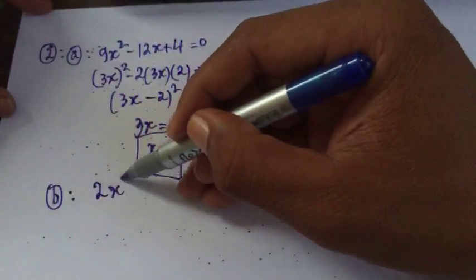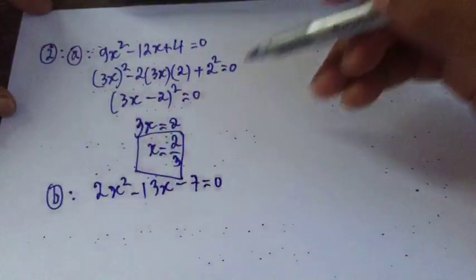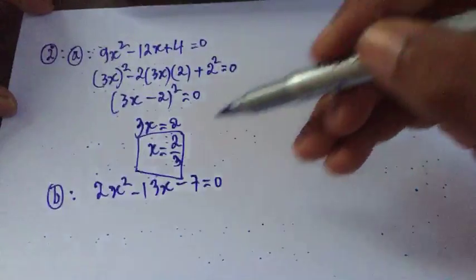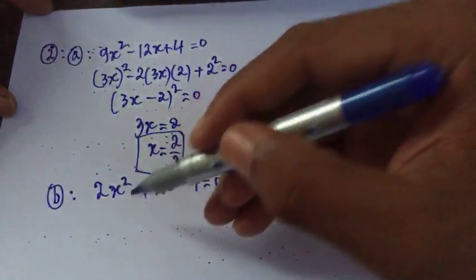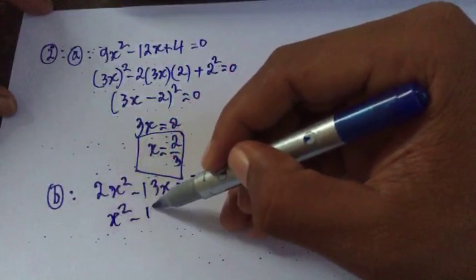B: 2x squared minus 13x minus 7 equal to 0. We can factorize them the easy way.